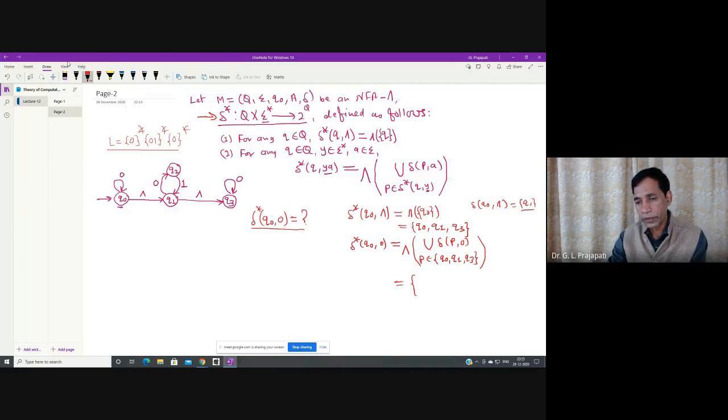Whenever you are at the state q0 and the input is 0, you stay at q0. Whenever you are at q1 and the input is 0, you go to the state q2.